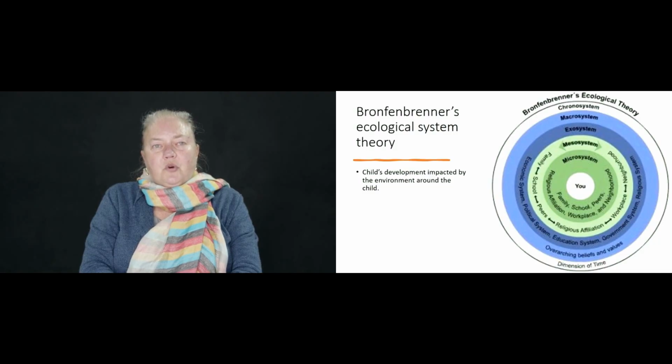The next theory I want to talk about is Bronfenbrenner's ecological systems theory. This is a very nice theory because it places the individual, as you can see the U in the center of the diagram, it places the individual child in the environment that they grow up in, recognizing that the environment at various levels can impact on the child.